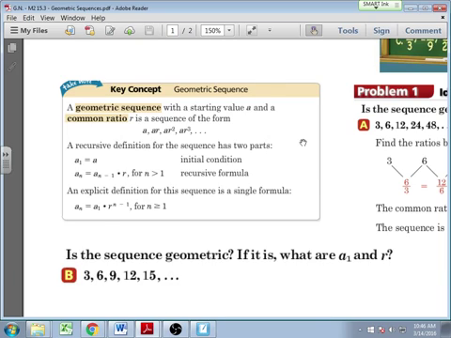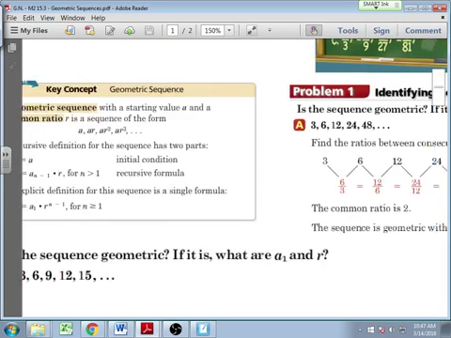If it's explicit, not as in that explicit album, but explicit meaning clearly stated, we're going to have our first term times our common ratio to the power of whatever term I'm at minus 1. Because my first term did not multiply by that ratio yet, that's why we have the n minus 1 there. And a lot of times, I could write a recursive or an explicit definition depending on which I'm being asked to write.